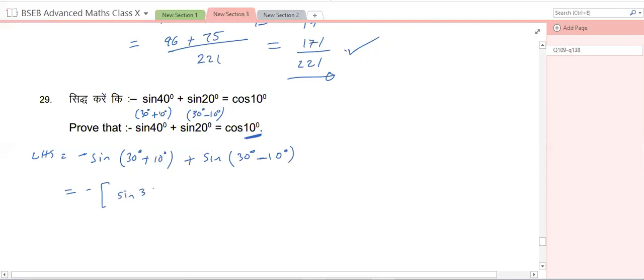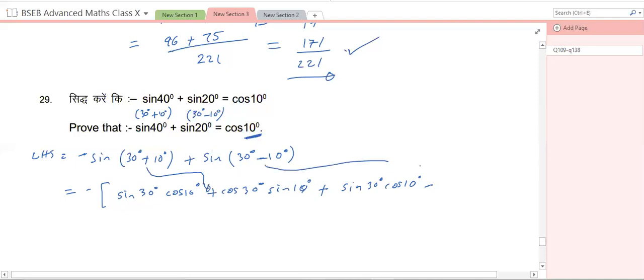sine 30 cos 10 minus cos 30 sine 10 plus sine 30 cos 10. Sorry, this one should be a plus, that one should be a minus. The sign remains the same, should be a minus.